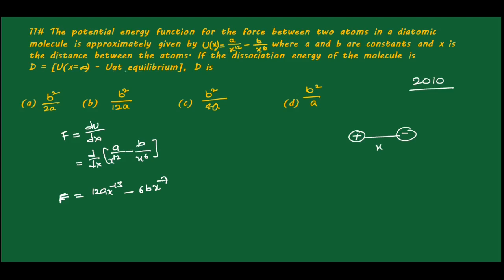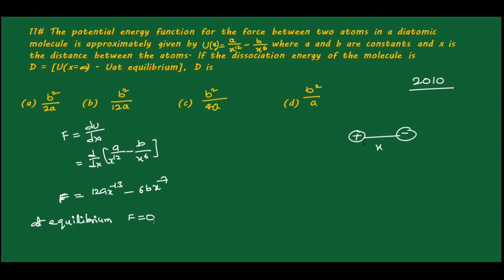So to find the equilibrium position, consider that at equilibrium F is 0. Why is it 0? Because at equilibrium, whatever forces there are between these two are equal and opposite, so the total net force will be 0.